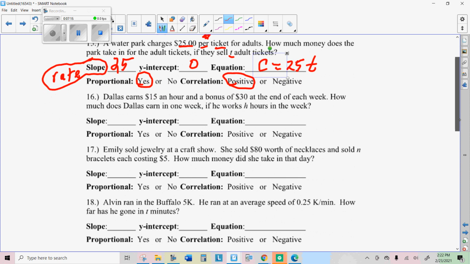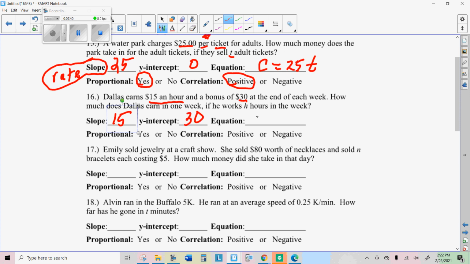Okay? The next one, we have to figure out which of these numbers is the slope, which is the y-intercept. Since he gets $15 for every hour he works, that's $15 per hour. That's the rate he gets. That is the slope. And the 30 he gets at the end of each week is just a bonus, so that just is a one-time constant. So that's your y-intercept.